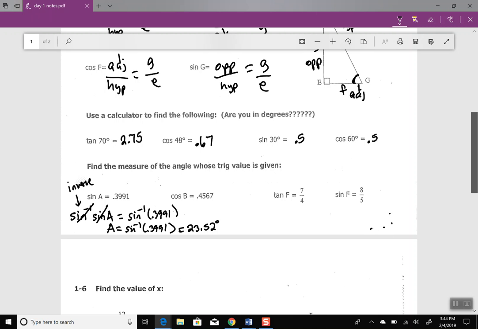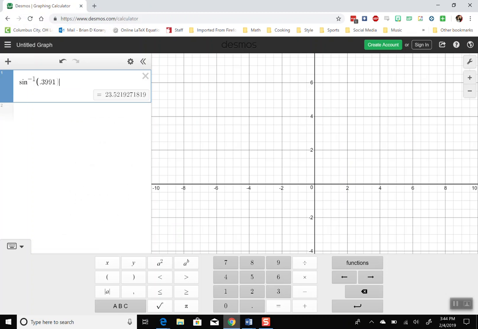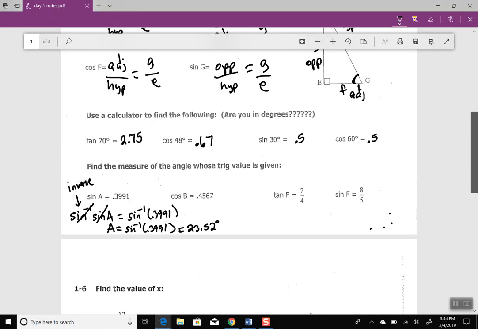So anyway, cosine of B. I'm going to do the inverse on both sides. The inverse of cosine of B, what I do to one side, I do to the other.